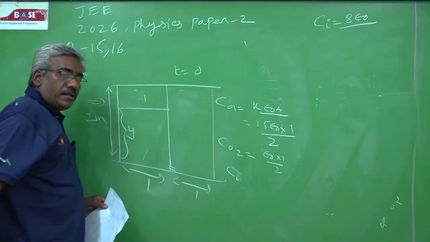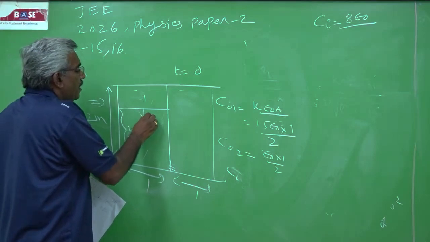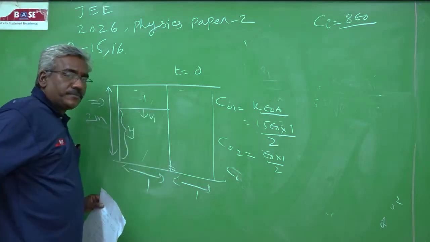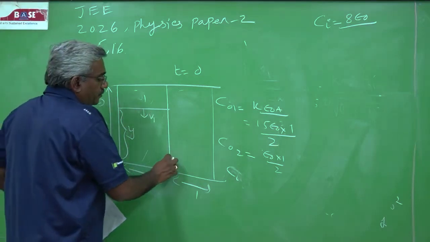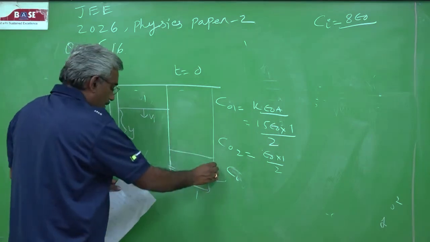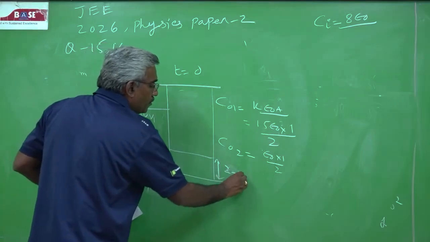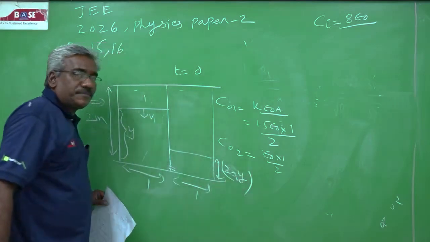And here, this level is falling at the rate of V1. And here, this level has risen up to, let us say, this one will become 2 minus y, yes or no?